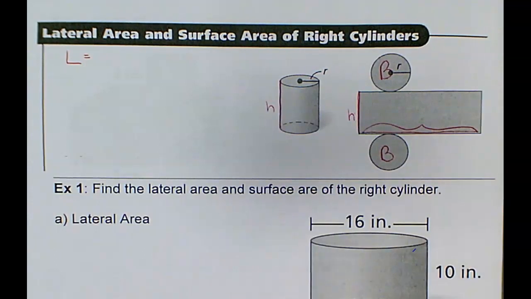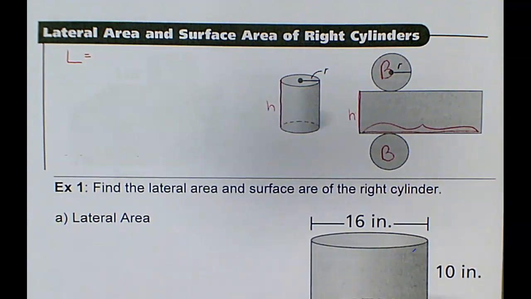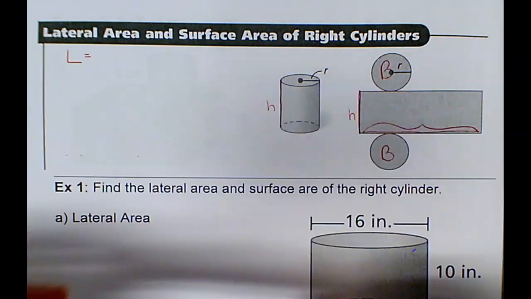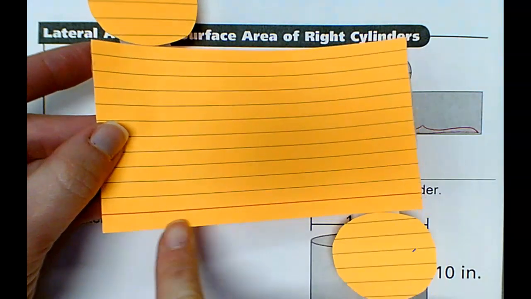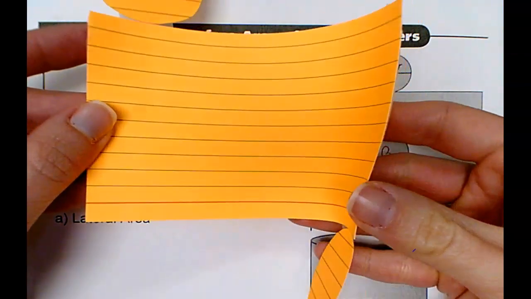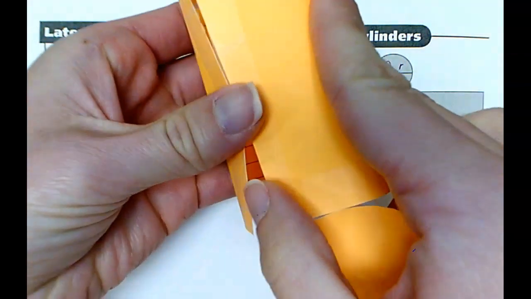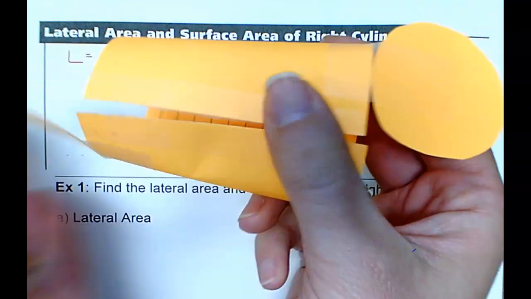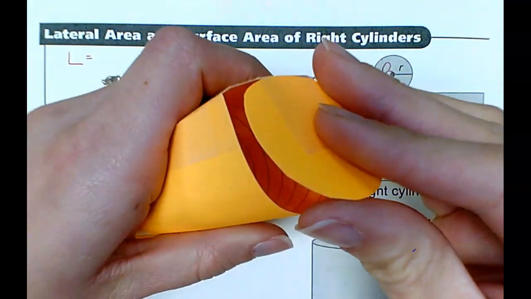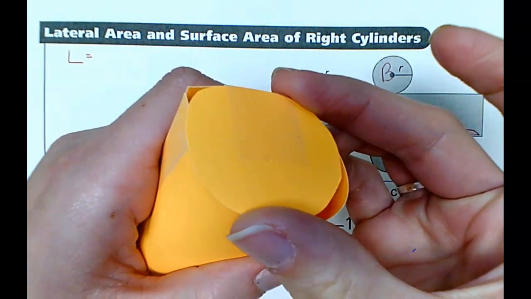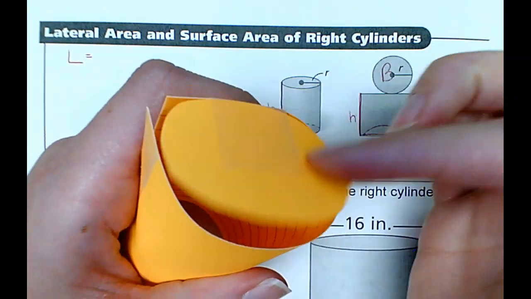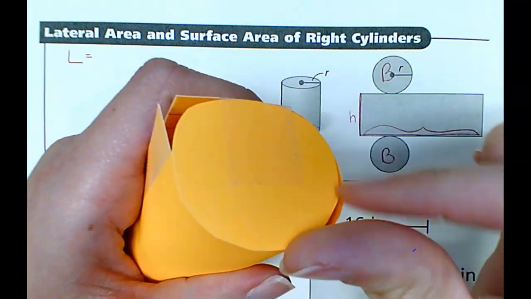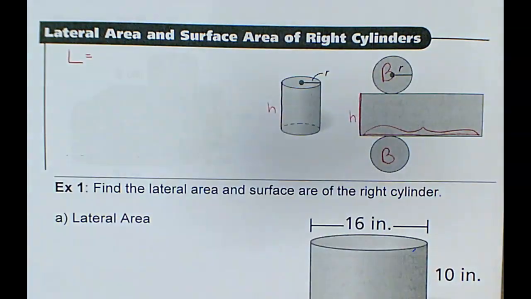And in order to do that, it might be helpful to look at the net, because whenever you take your net and you fold it up, the length of that side will wrap all the way around the figure, and it's capped off by this circle, right? So the length all the way around is the distance all the way around this circle. And what is that name? What's the name of the distance that goes all the way around the circle?